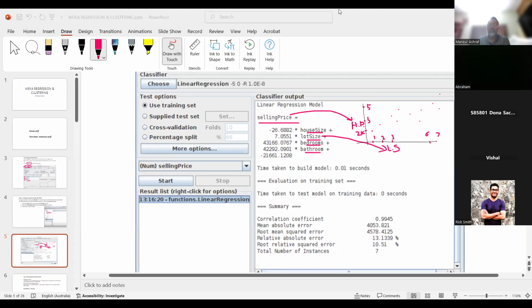So what's happening here is that it tries to make a line. Now, this line is not necessarily a straight line. There's a mistake I made: when I select linear regression, you can see the word linear, and linear here means a straight line.